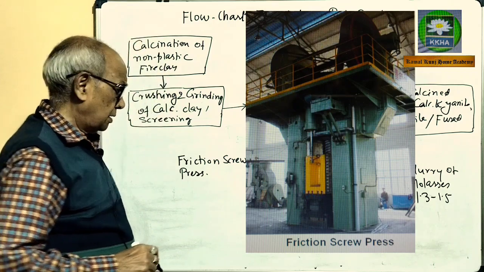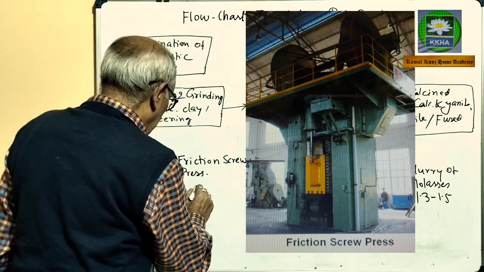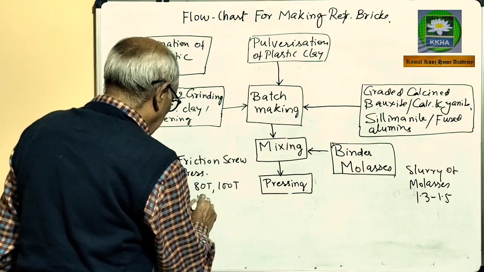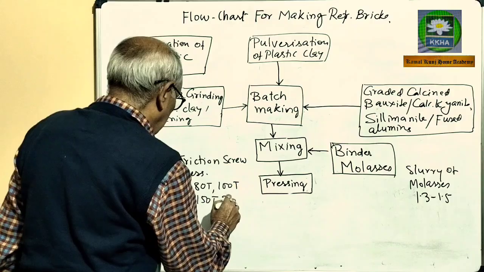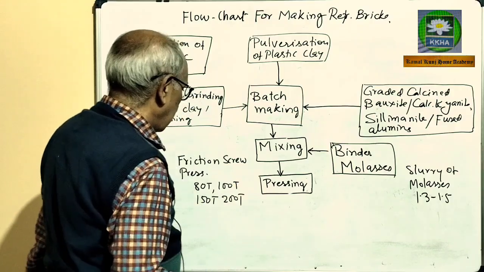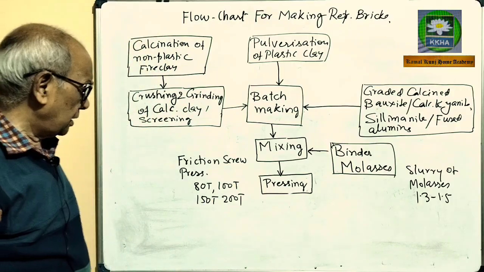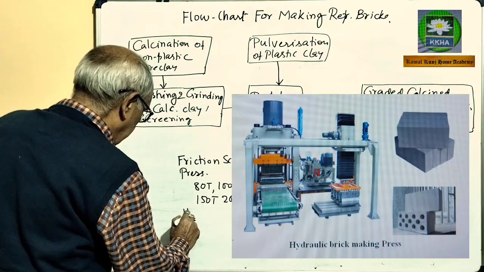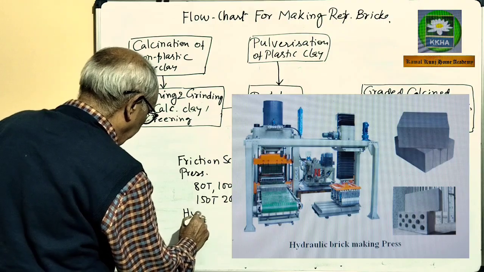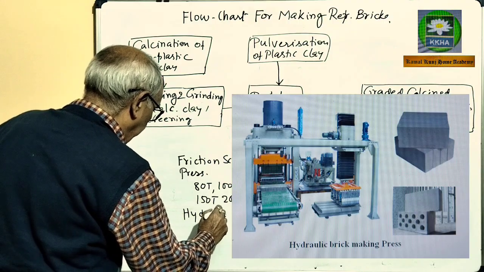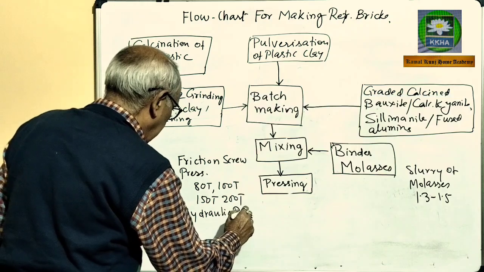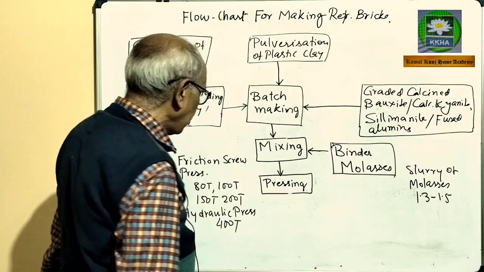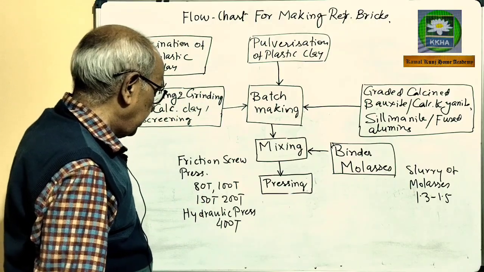Friction screw presses are of various capacities, either 80 ton, 100 ton, 150 ton or 200 ton, used depending on the size of the bricks. Hydraulic press of 400 ton capacity is used for large shapes.